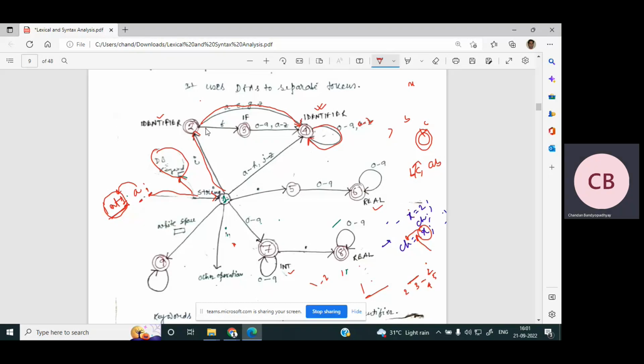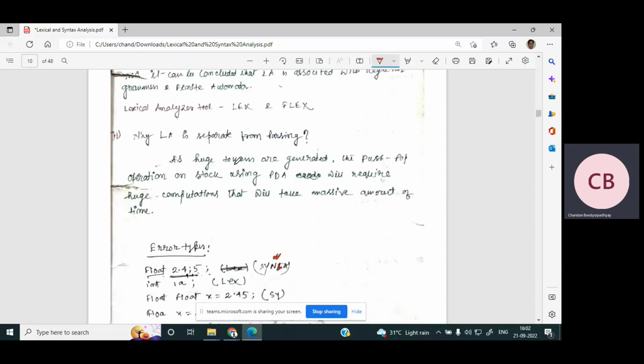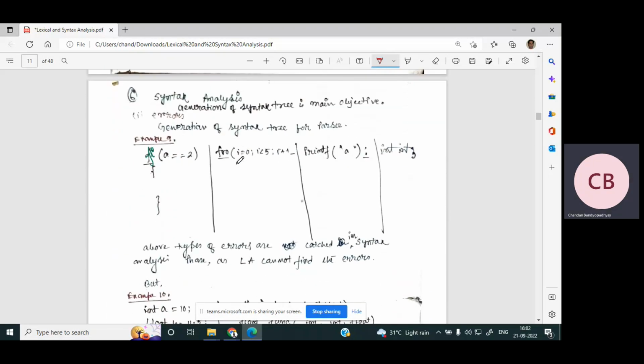So the lexical analyzer is not capable of finding this out as an error, right? So now coming to this question, had I written phi instead of if, the compiler, that means the finite state machine, takes phi as an identifier, and then the double equal to 2, all are taken as tokens.